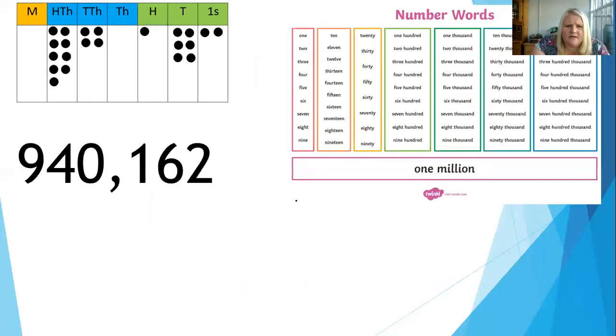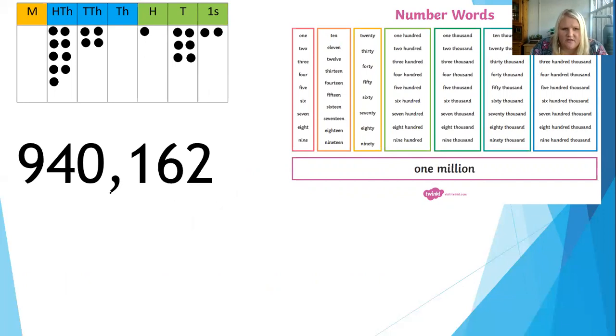Okay, let's have a go at this one. So let's read the number together first. Remember, if you're going a bit quick, or if you're getting a bit stuck, you can always pause. I'll move my picture out of the top corner so you can see the number chart. So we've got 940,162.